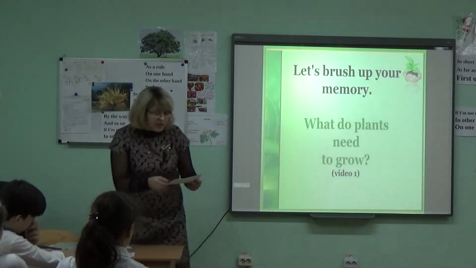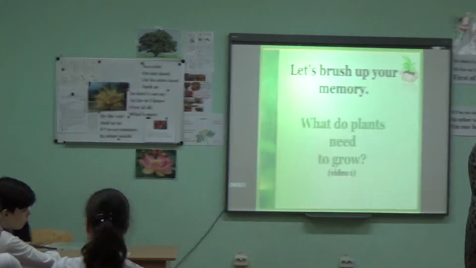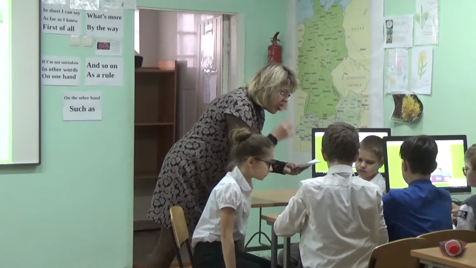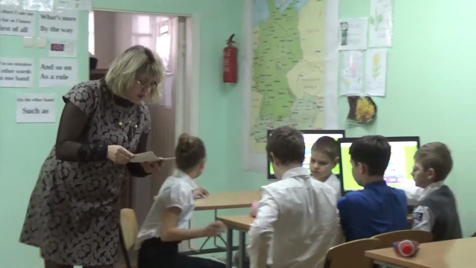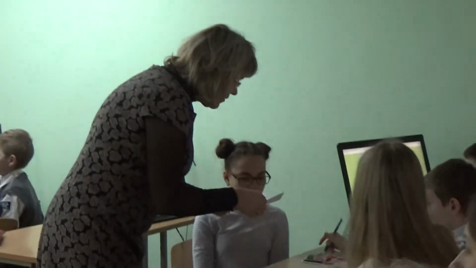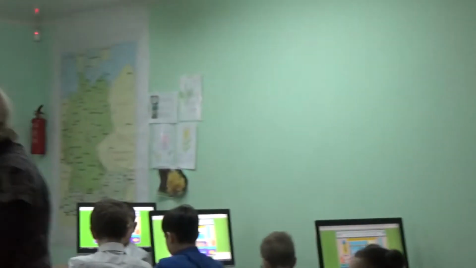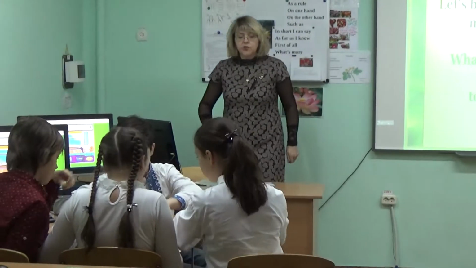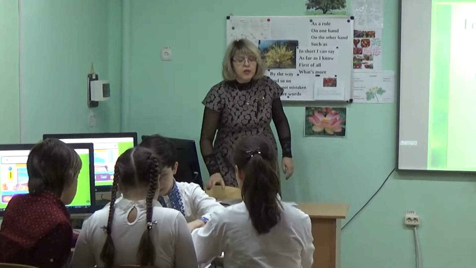But now you have one task and you have to label all the parts of your plant. All the parts. Take please your pencils, take please your cards. You have for this job just 2 minutes. Okay, so start, just 2 minutes.